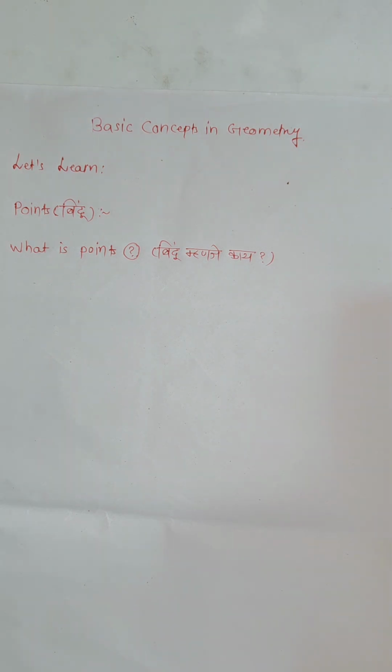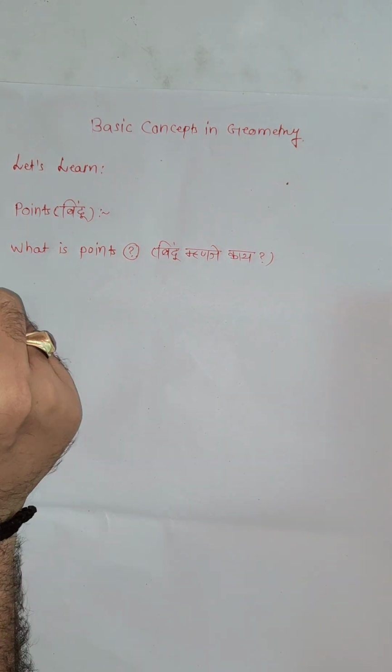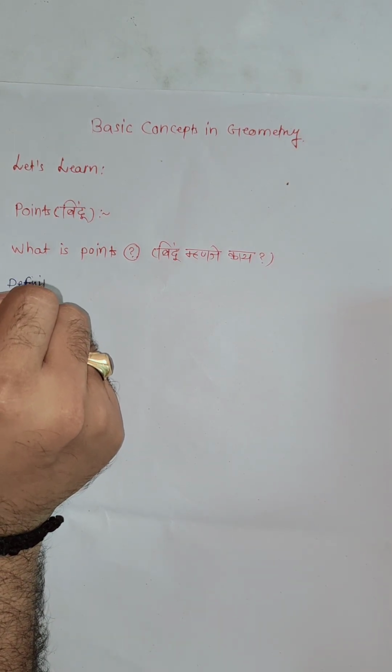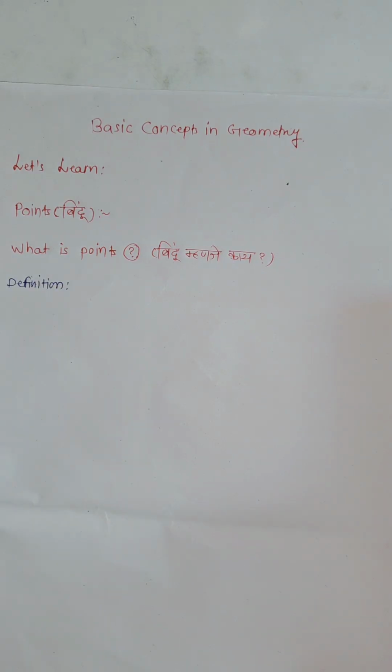Now, what is a point? A tiny dot. First part is the definition of the point.